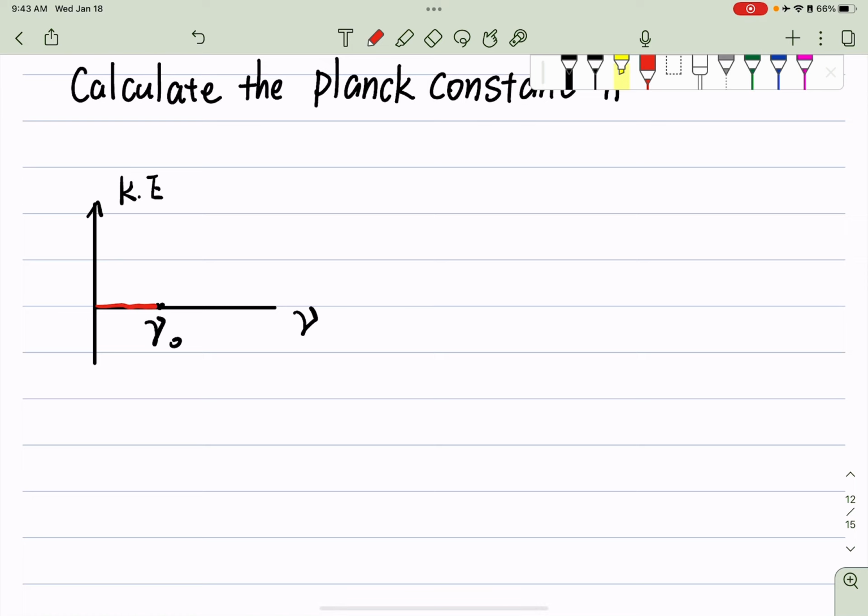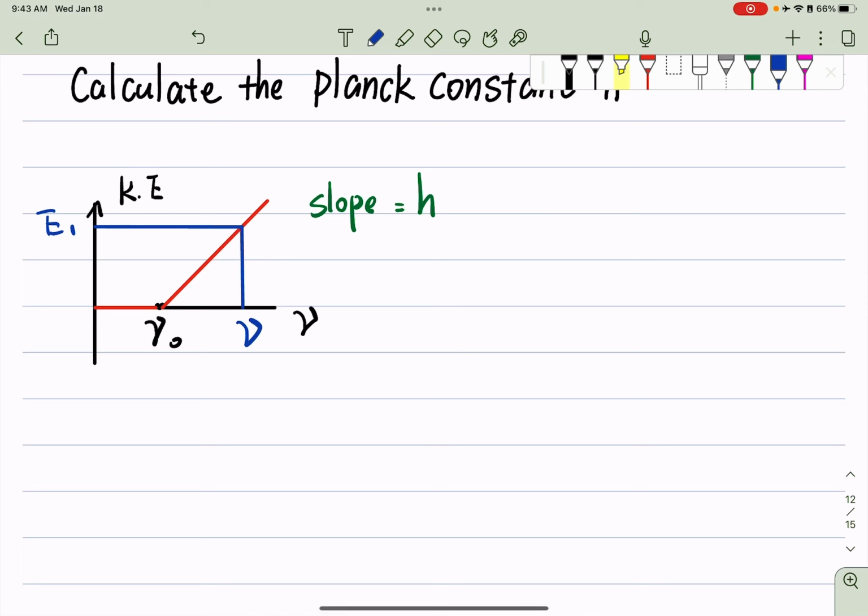And remember, the observation is that when the light is below the threshold frequency, there's no ejection, and after that, you'll have an ejection with slope equal to the Planck constant. And we could take two points here. Here we have Emax 1 corresponding to mu1, and Emax 2 corresponding to mu2.